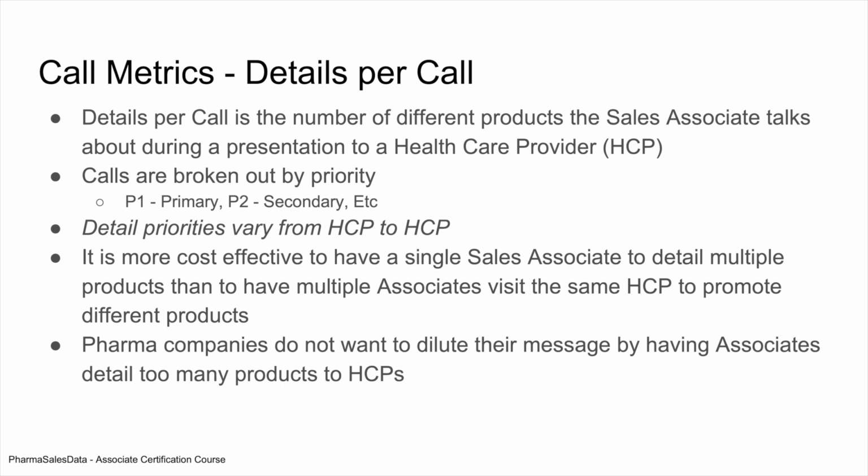It is more cost effective to have a single associate detail multiple products than to have multiple associates visit the same HCP to promote different products. That is true, but as we said before, sometimes if you're promoting both a mass market and a specialty brand product to an HCP, you may want to have different reps call on that doctor.